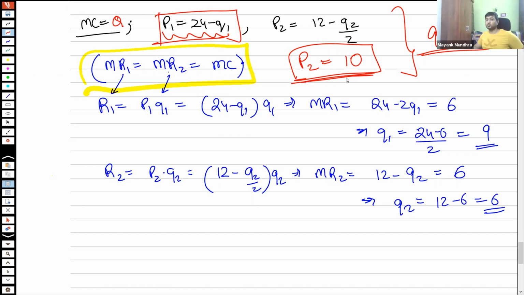And Q2? So Q2 would be Q by 10. No, capital Q2, I need a number. You cannot give me one variable in terms of other variables.